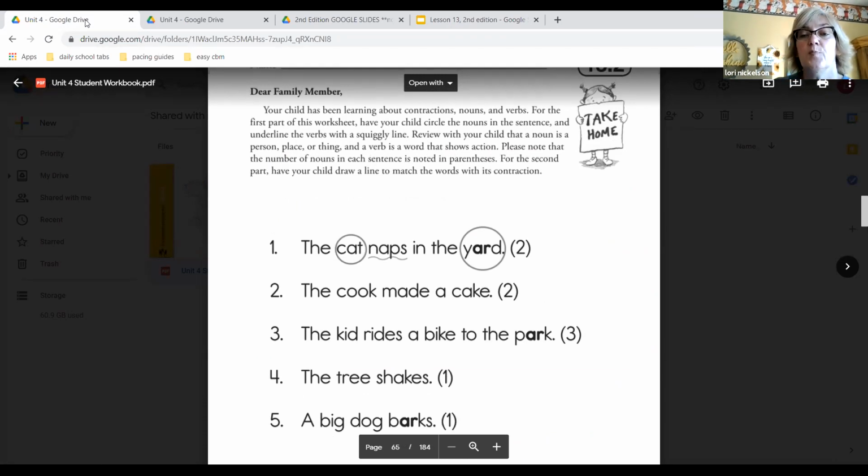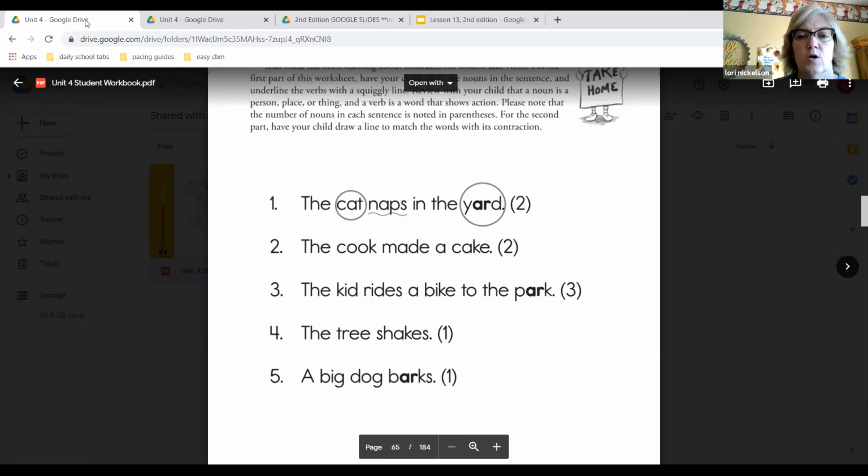And if you notice, there's parentheses at the end of the sentence that's just got a number in it. That number tells you how many nouns are in that sentence. So make sure you circle that many nouns in that sentence, all right? And make sure you underline the verb.